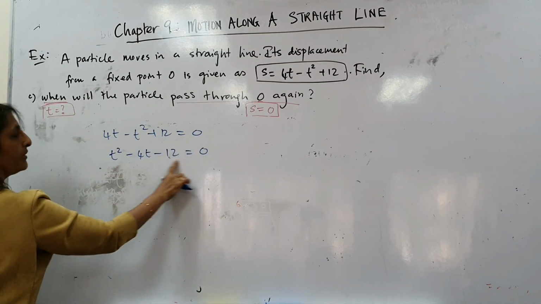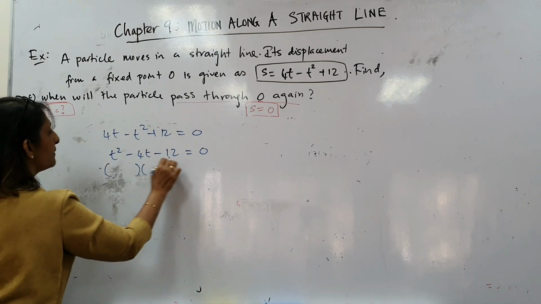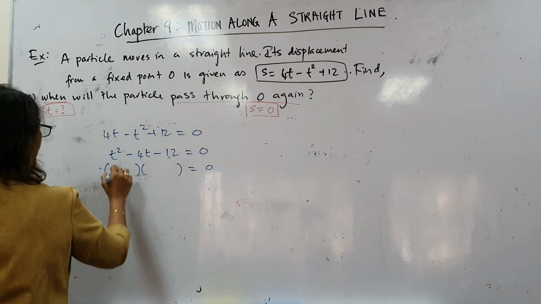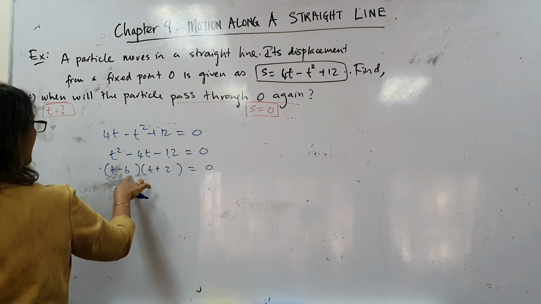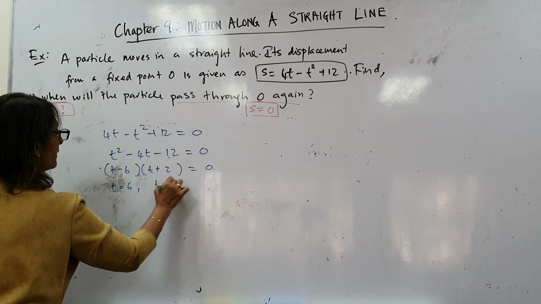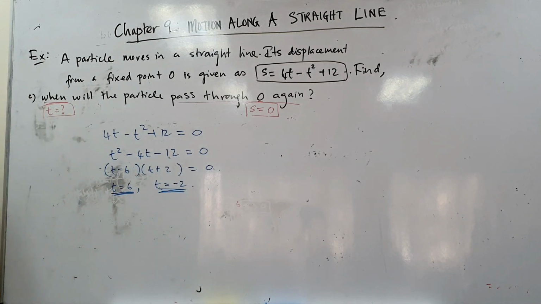So it became like this. Factorize. We get t minus 6 and t plus 2. Let's check. Yeah, correct. So here I'll get t is 6 and t is negative 2, right? Two answers.